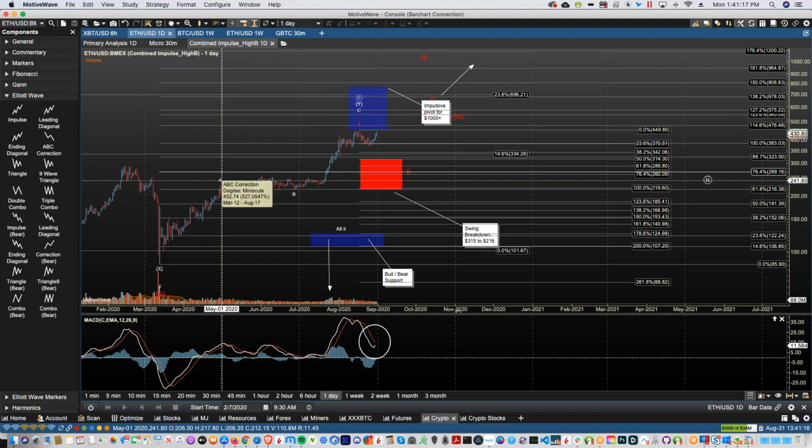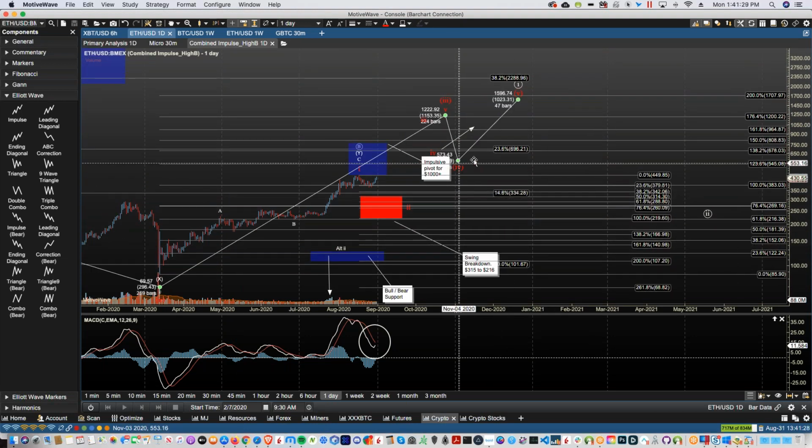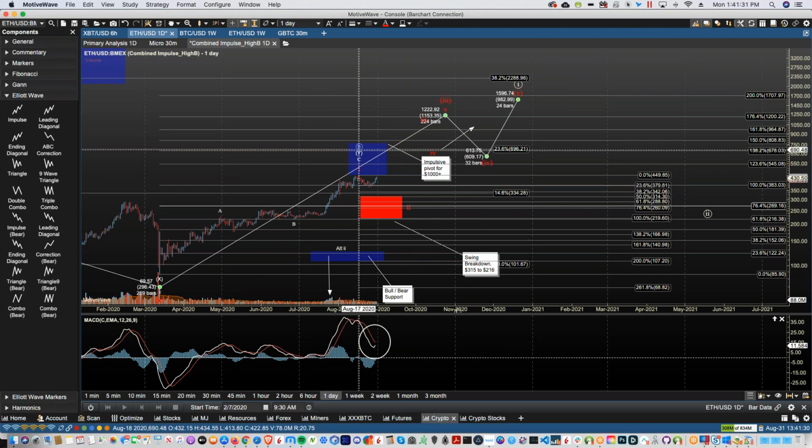But Ether is much more inclined towards a C wave of B or a C wave of this Y wave versus this red 1-2, which is the bullish count. So I actually have the colors flipped. Again, if you're colorblind, I'm sorry, you probably can't see it very well, but I have the colors flipped between the impulsive push to 1500 and the bearish view that we hit a B wave top, and that's simply because Ether is displaying a lot more symmetry.